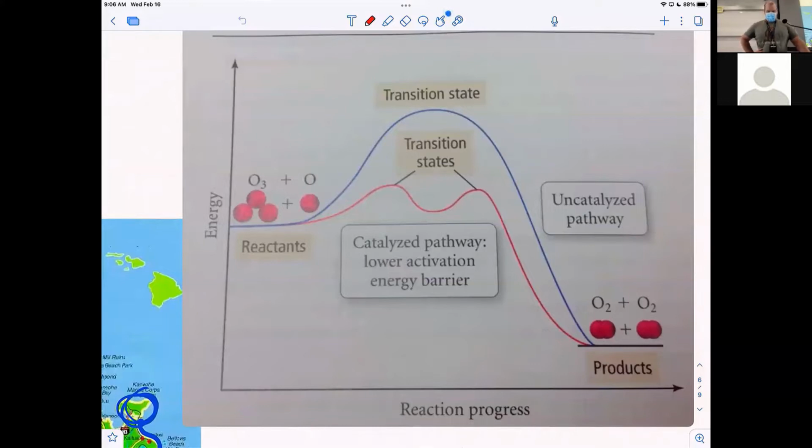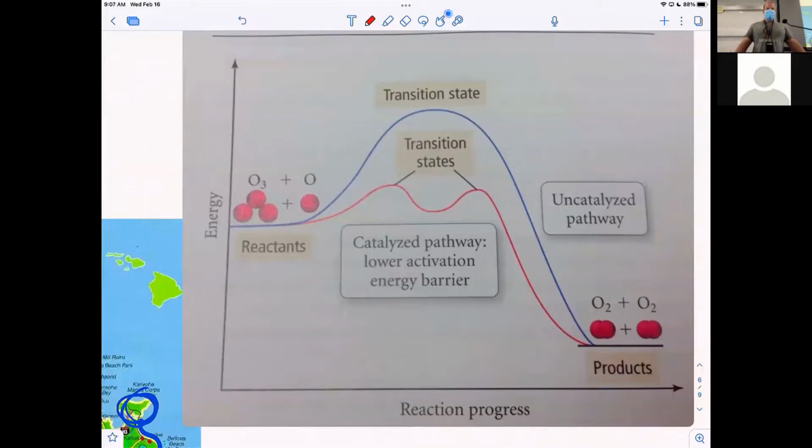Also, it works both ways. UV causes it to go this way as well, oxygen reacting to form ozone and oxygen radicals. So this reaction is one of the many that goes both ways, and as it does, it absorbs a lot of UVB radiation and protects the earth. And that happens in the stratosphere.